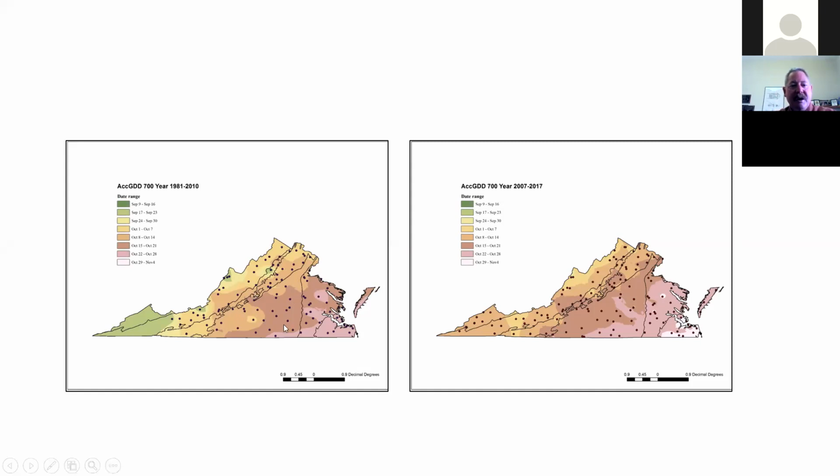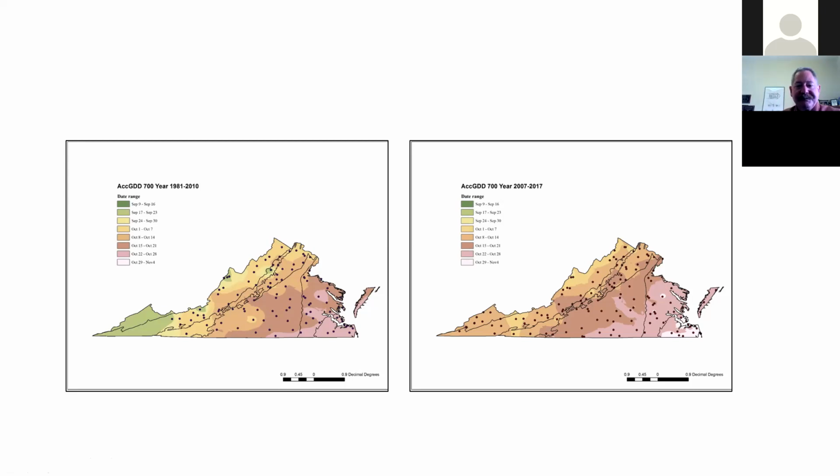It gives you an idea of what the planting dates would have had to have been to achieve that goal of 700 growing degree days. The left-hand side covers 1981 to 2010, and the right-hand side 2007 to 2017.